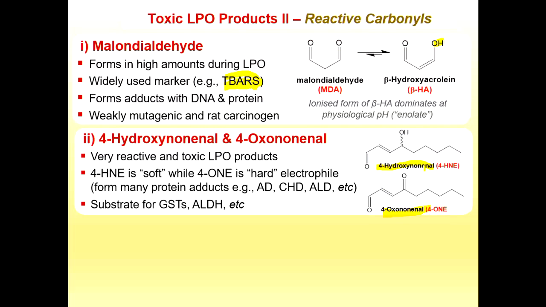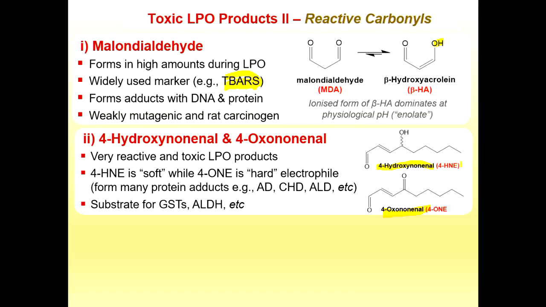They are very chemically reactive, highly reactive with proteins and DNA. They've been implicated in a whole lot of diseases: Alzheimer's disease, chronic heart disease, alcoholic liver disease. We're going to come back to that in a minute. And there are interesting differences between them.